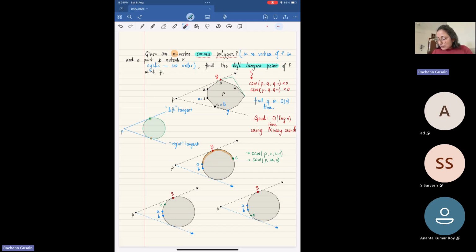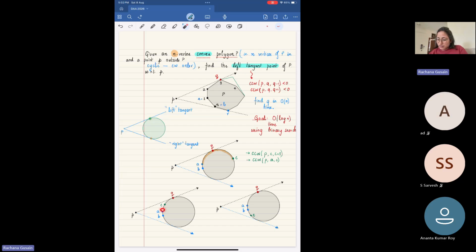Similarly, if C is in the inner half, then we have these two cases. So where do we search if C is above A? Note that although there are n by 2 points here and n by 2 points here, we will search from A to C only.